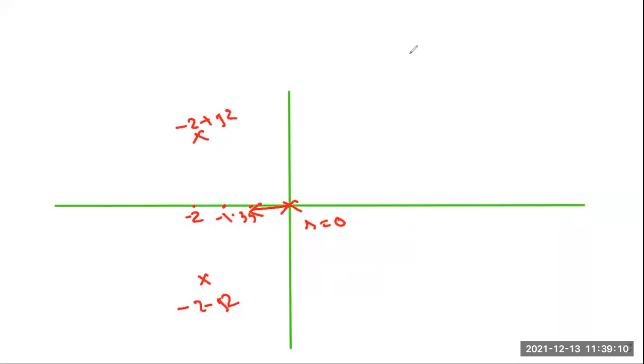What will be the angles? There will be 3 asymptotes for this problem.